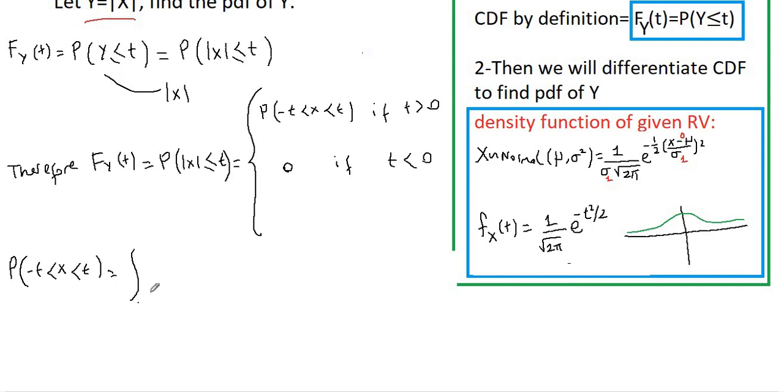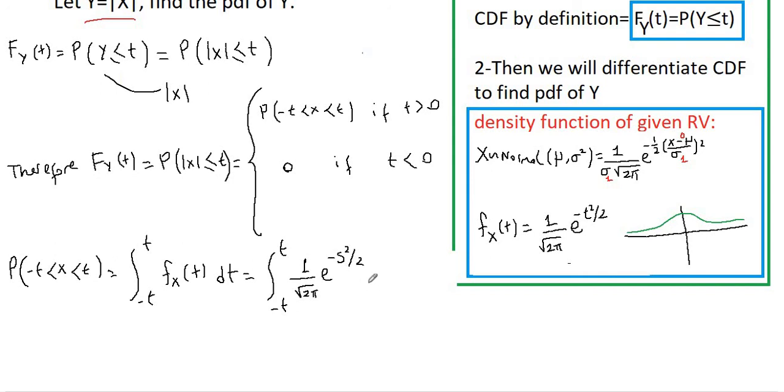And we know that the probability that x is between negative t and t is the integral from negative t to t of the density function of the random variable, by definition of probability. So we can rewrite this as the integral from negative t to t of the density function of our standard normal, 1 over square root of 2 pi e to the negative s squared over 2, ds.